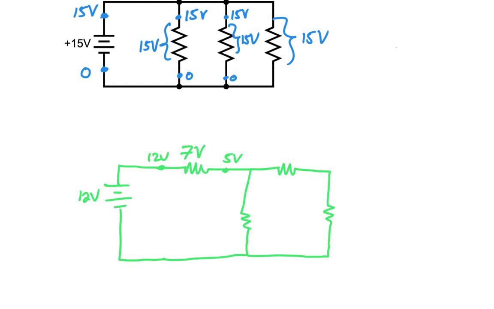When I look at making a complete loop, I know that the electric potential has to end up here being 0. So if I start here and I go 12 volts, this drop right here has to be a 5-volt difference.